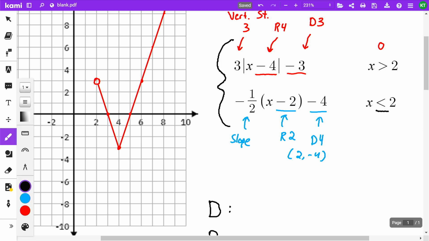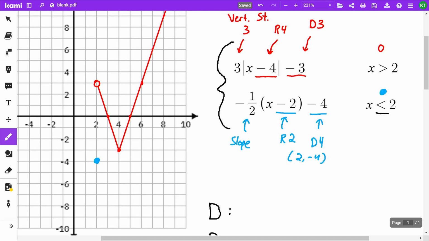So we should have an or-equal sign here, x is less than or equal to 2. That means at 2, I should have a closed circle because, again, that's or equal to. I'm going to go back and use some blue so I can make these match up. So I should have this as a closed circle at 2.